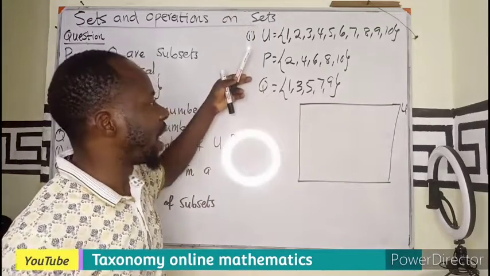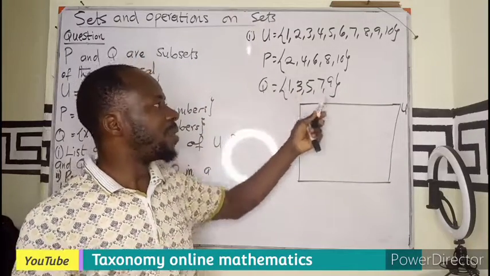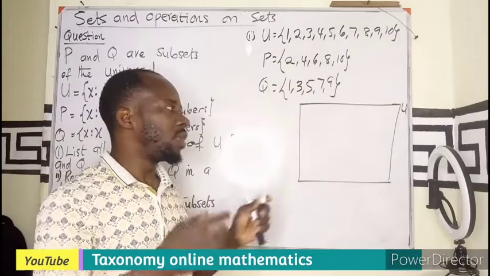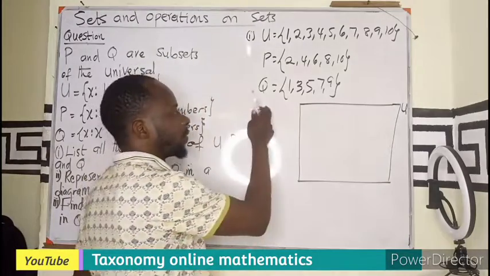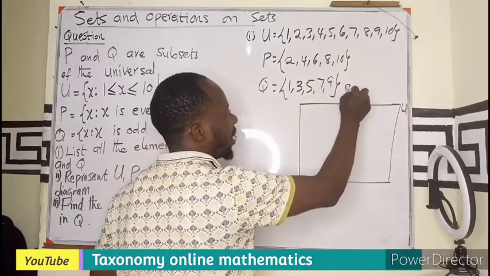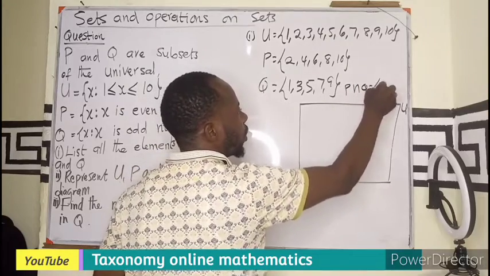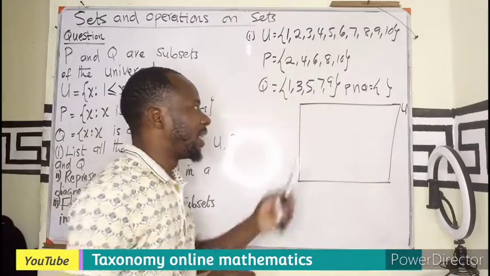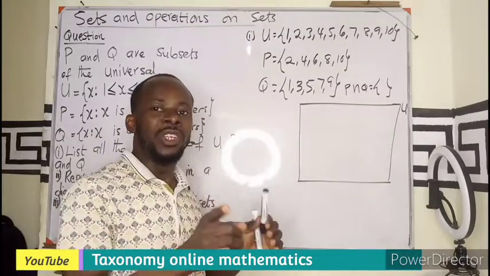So looking at P and Q, P is all even numbers, and Q is all odd numbers, so there is no number divisible by 2 in Q. That simply means P intersection Q is going to be a null set, an empty set. Meaning these two sets are disjoint sets.